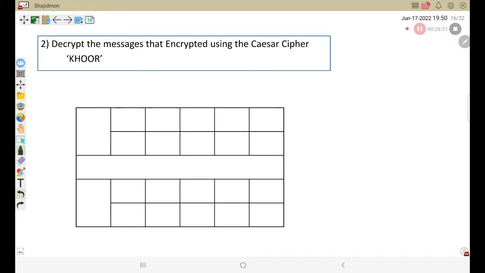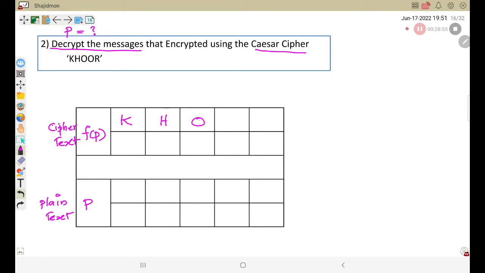Now one question from the decryption part. Decrypt the message. Decrypt means we need to calculate the plain text, P. What is given? The encoded message, the cipher text, is given. The cipher text, encrypted using the Caesar cipher, is KHOOR.